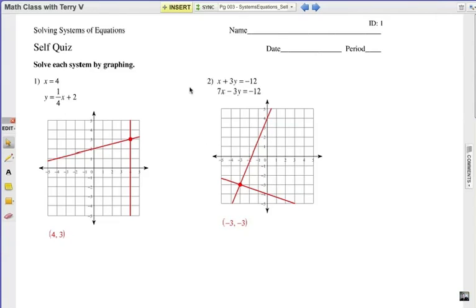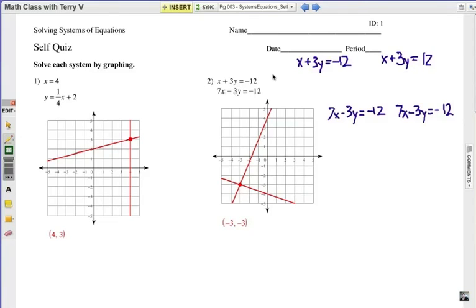For number 2, what we're going to do is do the cover-up method because these are in standard form. We're going to be looking for the x and y intercepts here. Now if I cover up this x term here, then I have 3y equals -12, divide each side by positive 3, and I get the y-intercept of -4.